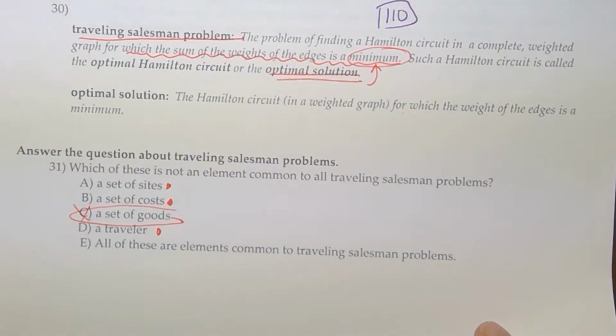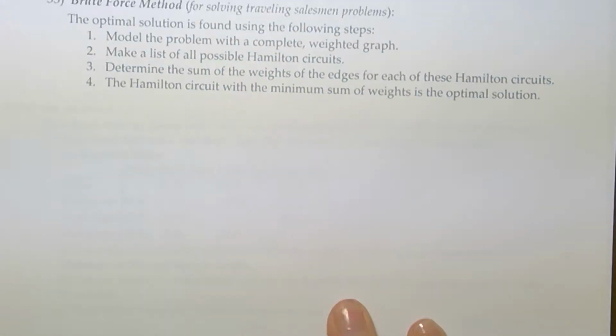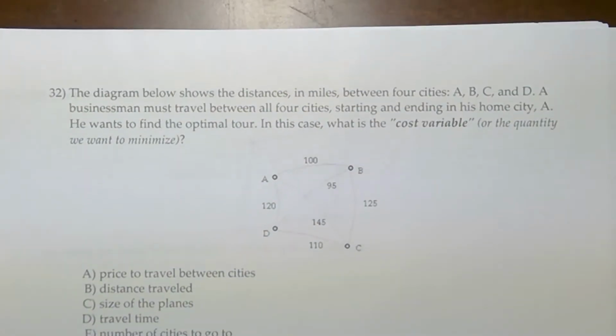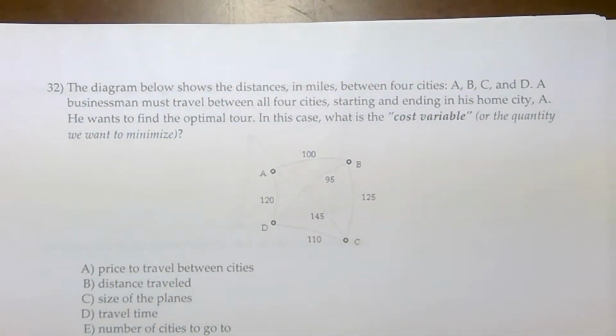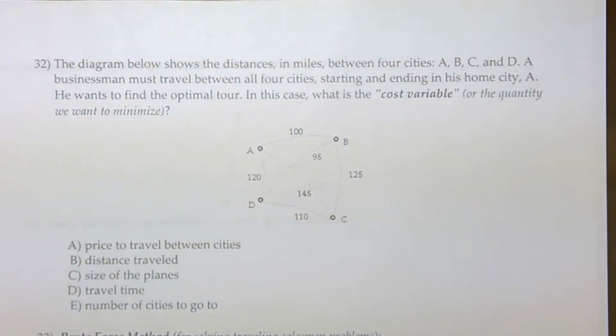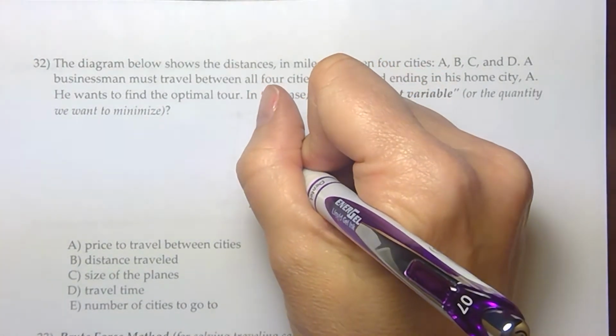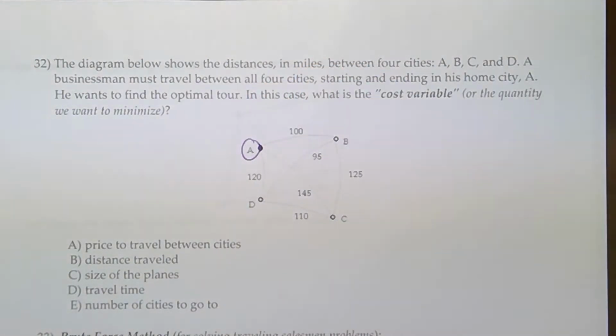Okay, let's look at the next page and work out some of these traveling salesman problems. So in number 32, the diagram shows the distances in miles between 4 cities, just A, B, C, D. A businessman has to travel between all 4 cities, starting and ending at his home city A. So this is a necessity, our starting and stopping point.